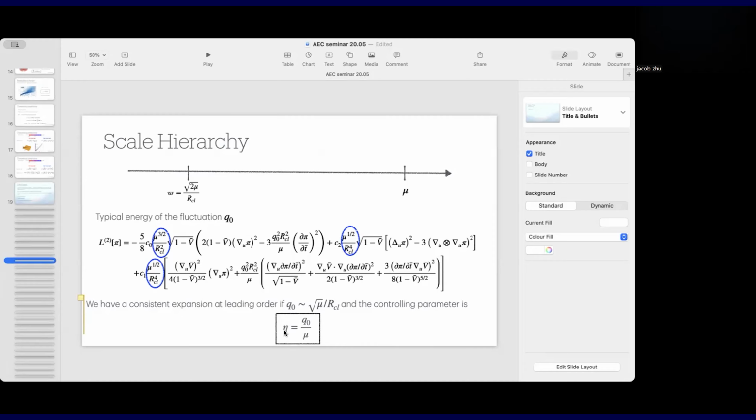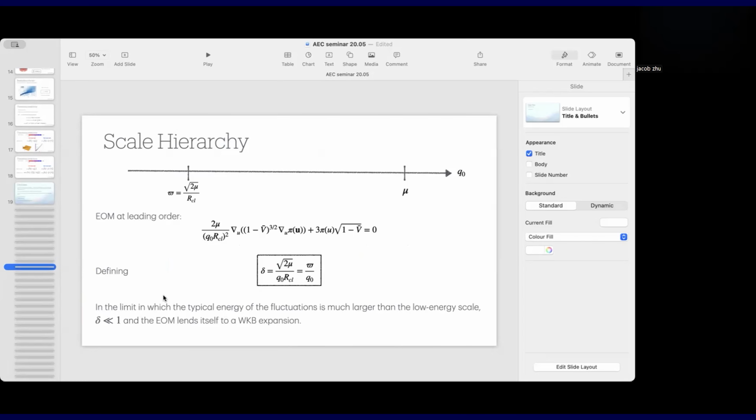So eta controls the effective field theory. Adding more eta powers is how we control the effective field theory, C1 and C2. And to find the WKB parameter, you need to compute the equation of motion and see that you have the derivative that comes with this power.